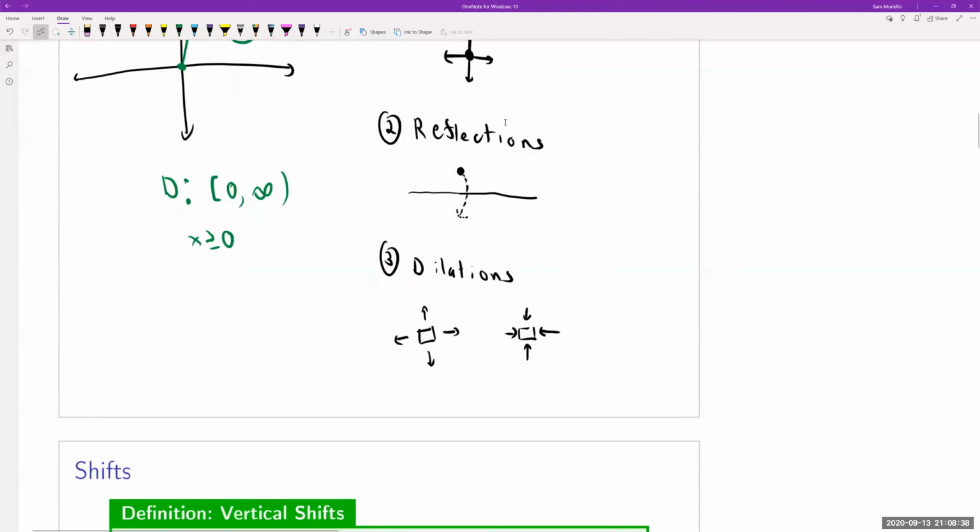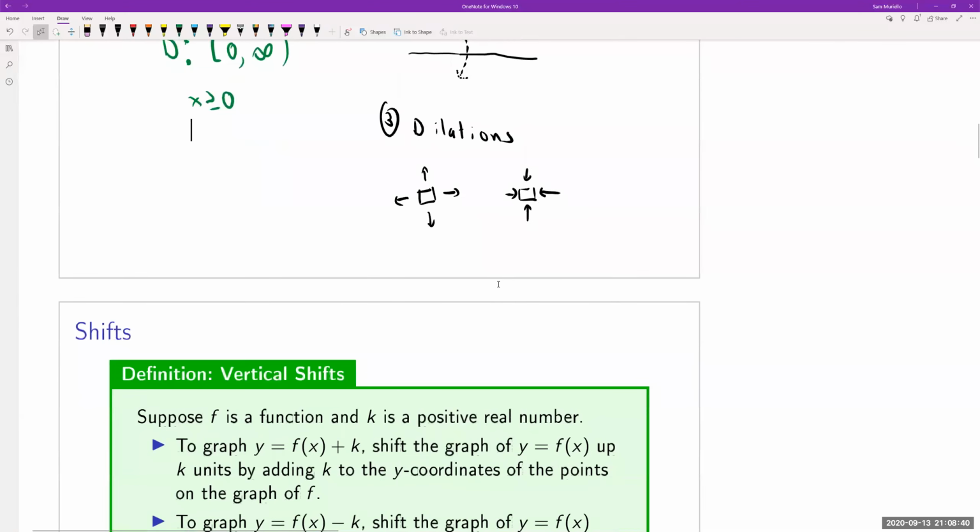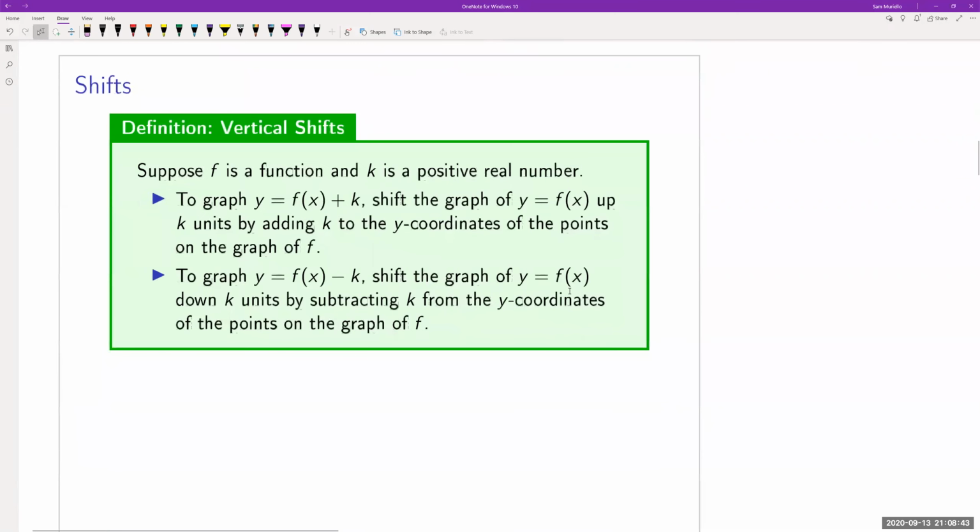Let's begin with some translations, also known as shifts. For a vertical shift, we will simply take the amount we want to shift the function and add it to the end. If we add a positive value, then the function will shift upwards.